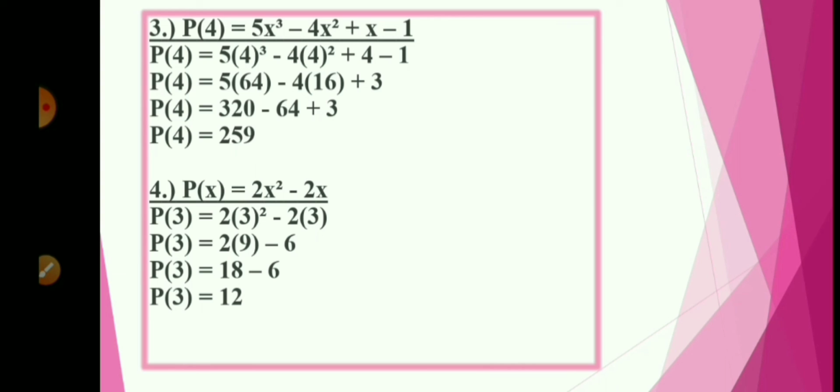Then p of 3 is equal to 2 times 3 squared minus 2 times 3. 2 times 9 minus 2 times 3, which is 6. So we now have 2 times 9 minus 6. Then simplify. 2 times 9 is equal to 18. Then subtract 18 minus 6, and the result would be 12.